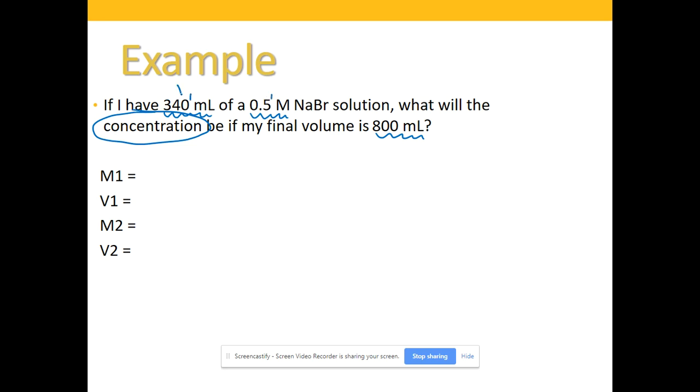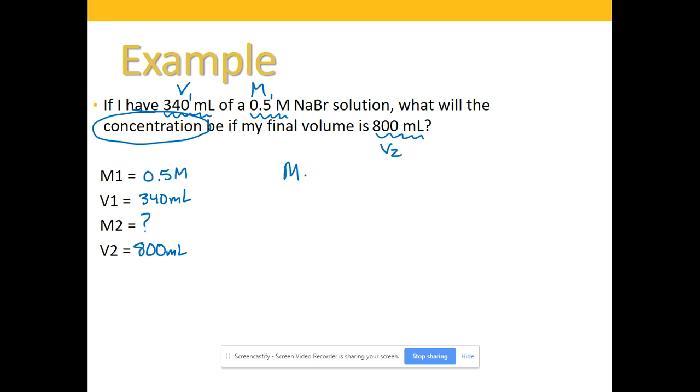We know that milliliters is going to be volume and M is going to be concentration for molarity. So M1 is going to be 0.5 molar. V1 is going to be 340 milliliters. Our final volume is given as 800 milliliters, so V2 is going to be 800 milliliters. And again, we are solving for M2.